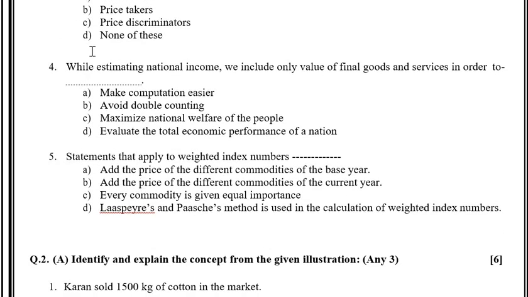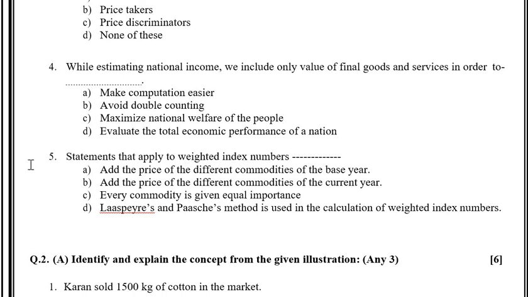Fourth, while estimating national income, we include only value of final goods and services in order to dash: A, make computation easier; B, avoid double counting; C, maximize national welfare of the people; D, evaluate the total economic performance of a nation.